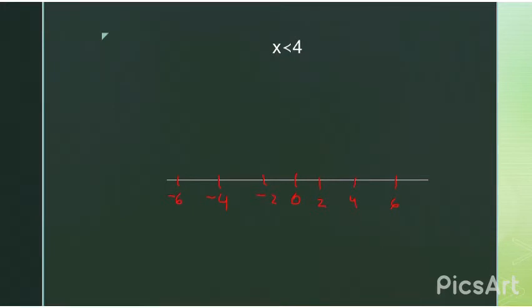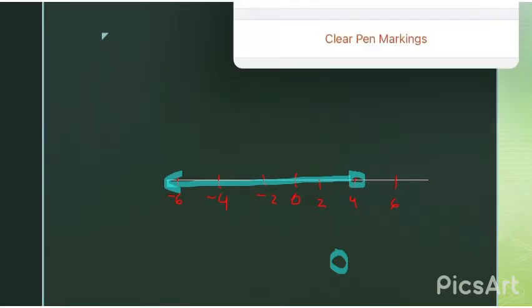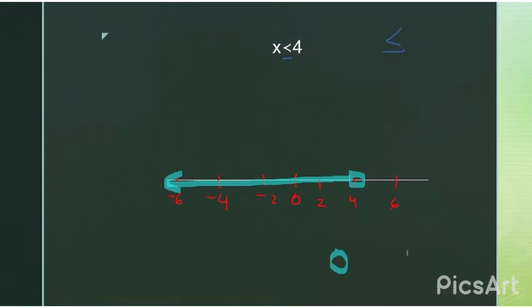So we draw a circle, draw a line and mark the direction. Here we draw a normal circle because this does not have a dash below. This is not a less than or equal to sign, just a less than sign.